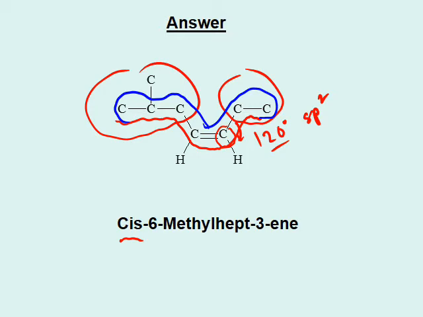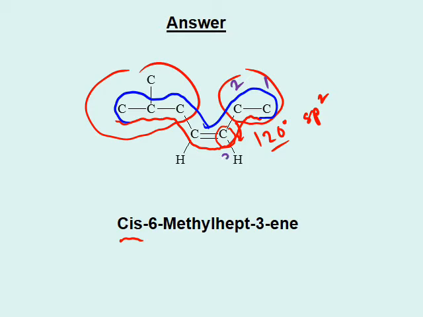Now, remember how to number these. You number it in such a way so that the functional group gets the smallest possible number. So obviously that tells me my numbering should start from right-hand side. So 1 in here, 2, and then you'd have 3.